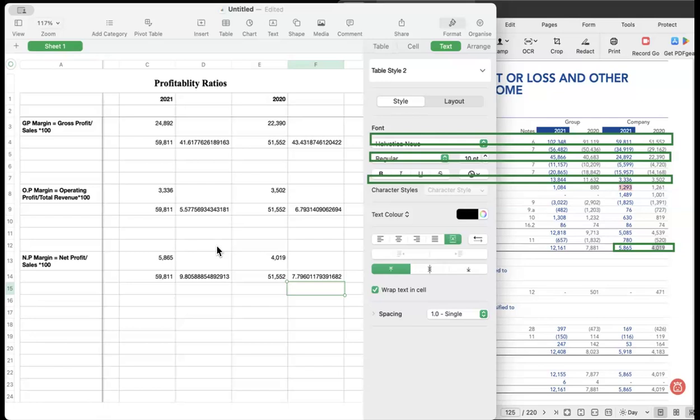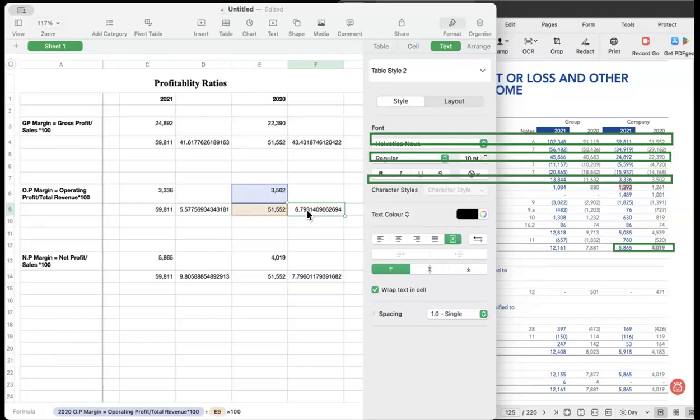So 20% is favorable. 5% is considered to be too low. Now you can see the operating profit margin of both years is low. It is not lower than 5%, but still it's at that margin. So this indicates that there is a major problem with the company.